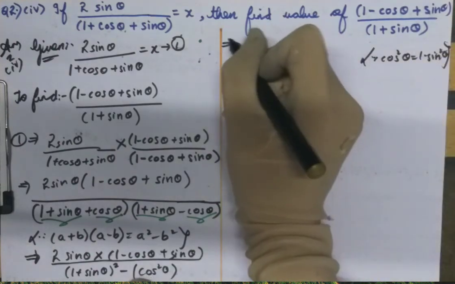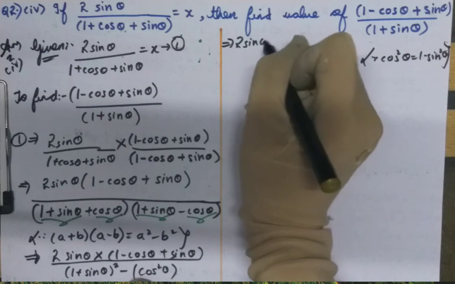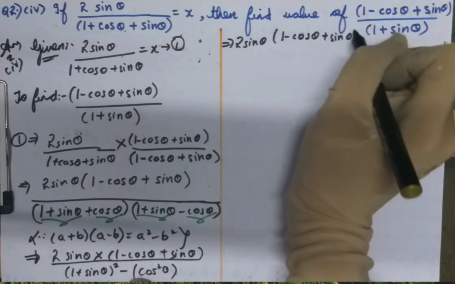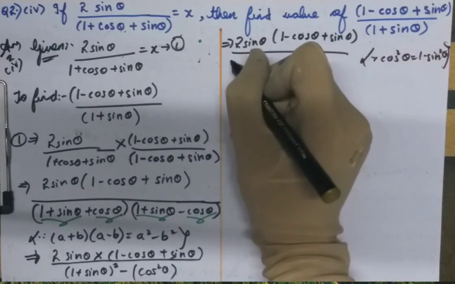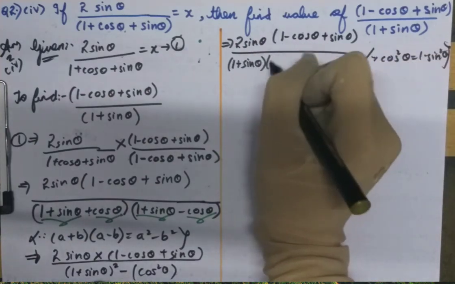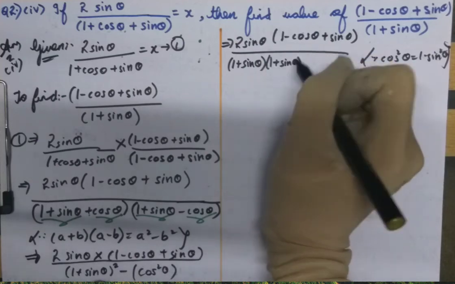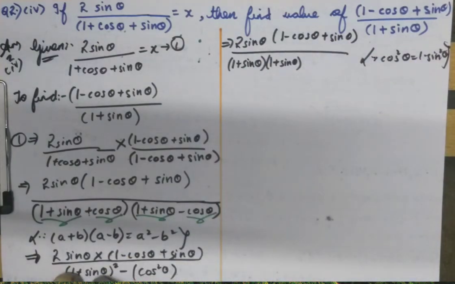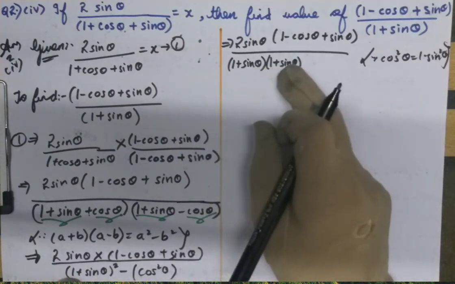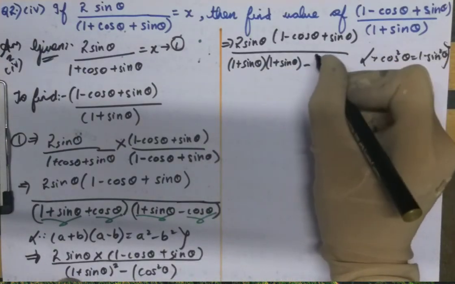Okay. So continuing the step, 2 sine theta into (1 minus cos theta plus sine theta) whole, divided by (1 plus sine theta) whole square, can be written as (1 plus sine theta) into (1 plus sine theta), because it is whole square, right? We know 2 whole square can be written as 2 into 2. Similarly, (1 plus sine theta) whole square can be written as (1 plus sine theta) into (1 plus sine theta) minus cos square theta.